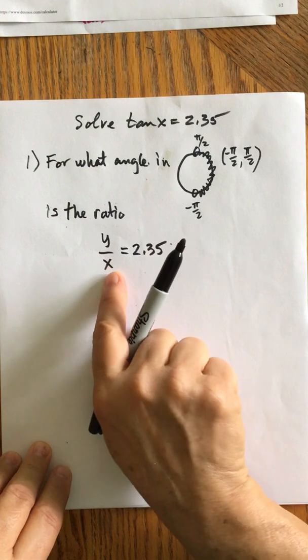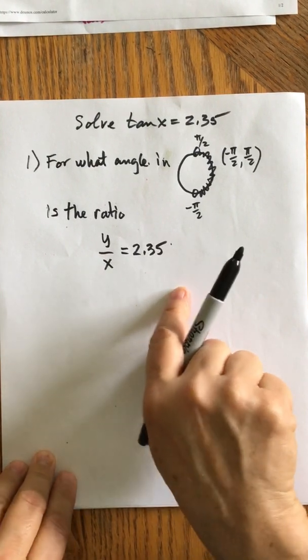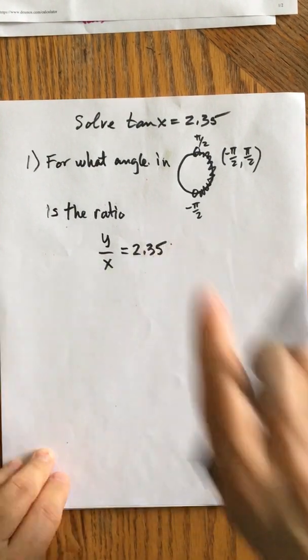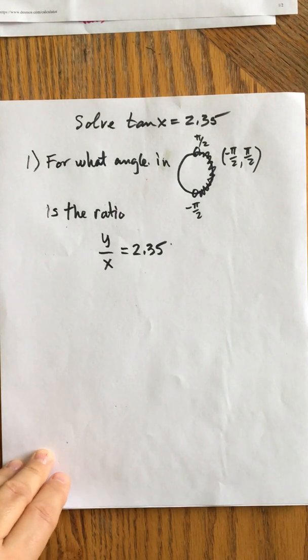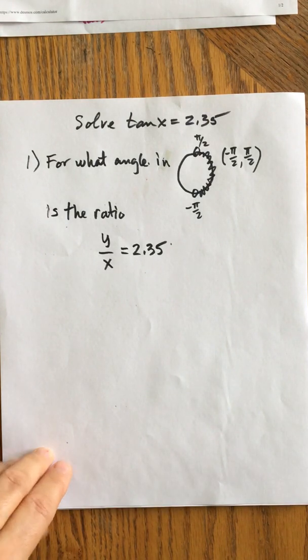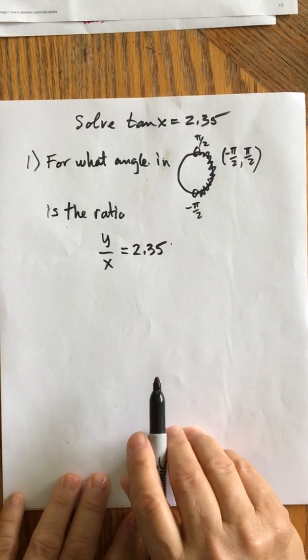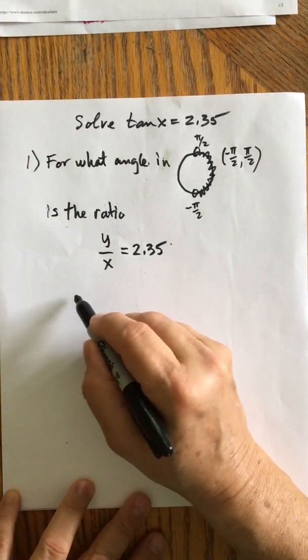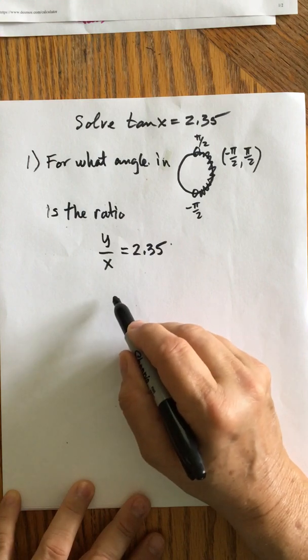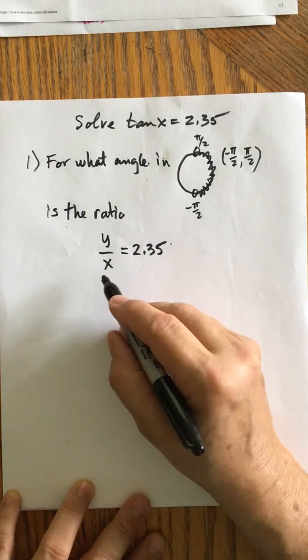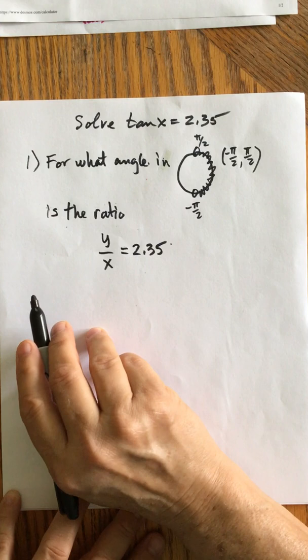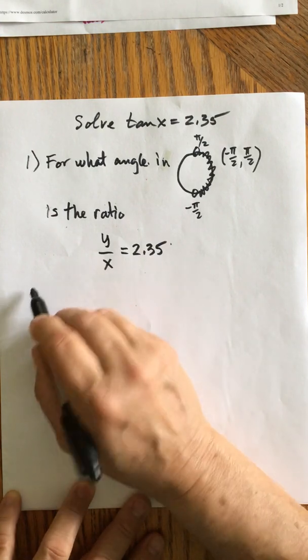So for every 1 unit horizontally in the x, you've got about 2.35 in the y. So the y is about 2.35 times as much as the x in terms of movement. So again, let's go ahead and find the answer so I can make a better drawing. So first thing I'm going to do is take the inverse function.